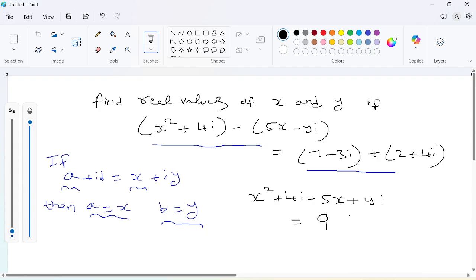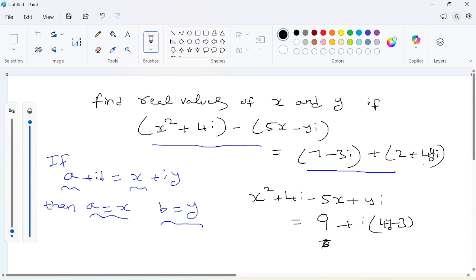Now plus i into 4 minus 3. Sorry, this question is actually not 4i, it is 4yi. Here there is one mistake: 4yi, not 4i. That means it will be 4y minus 3, so 9 plus i into 4y minus 3.